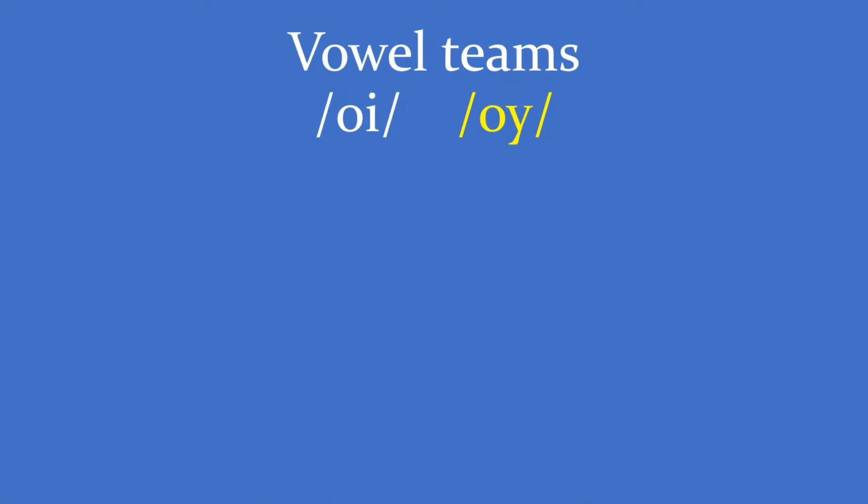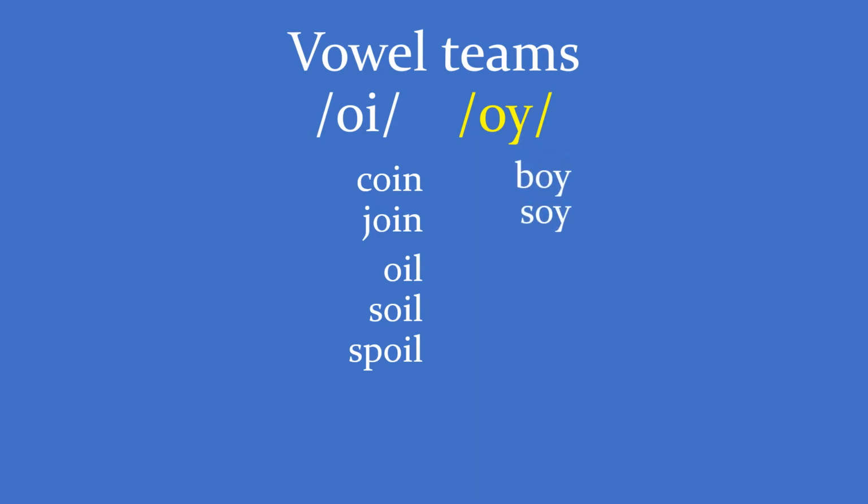And today I want to introduce the oi sound, which you've probably learned before, but there's a rule I want you to keep in mind. So OI makes the oi sound like coin, join, oil, soil, and spoil. And OY makes the same sound as in boy and soy, toy, joy, and annoy.